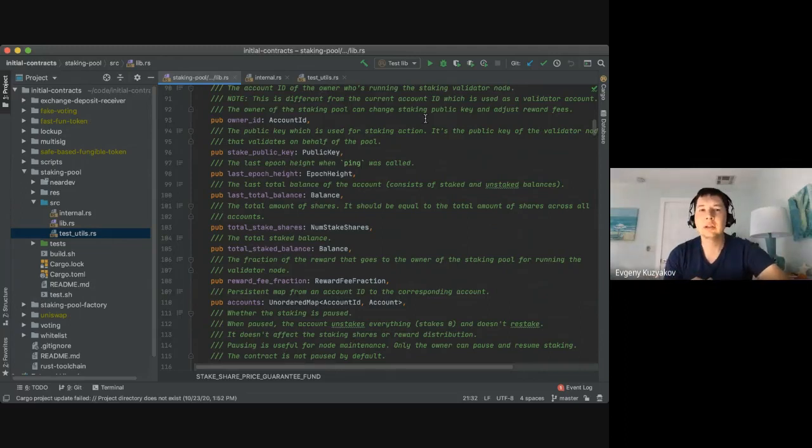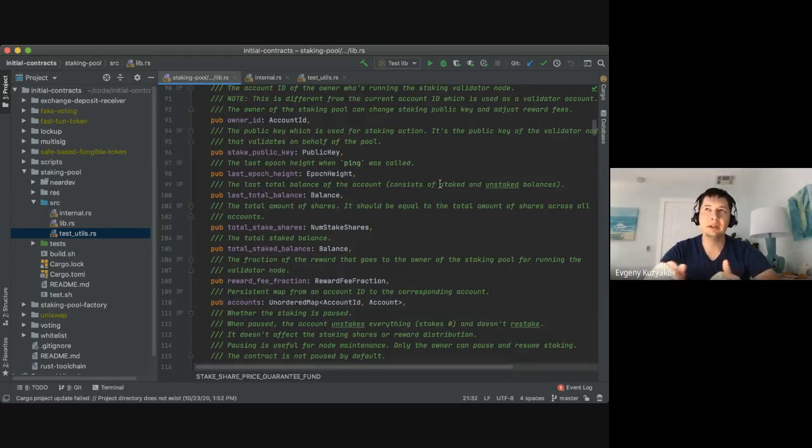That allows to bundle together balances from multiple people, we call them accounts here, into one large stake. And this way, this large stake may actually qualify for validator seats.